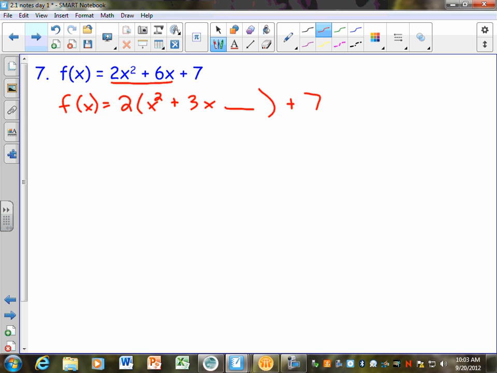We're going to take half of 3, which is 3 halves, and we're going to square it, which I believe would give me 9/4. And if I add 9/4 on the inside, I'm going to subtract 9/4 on the outside.